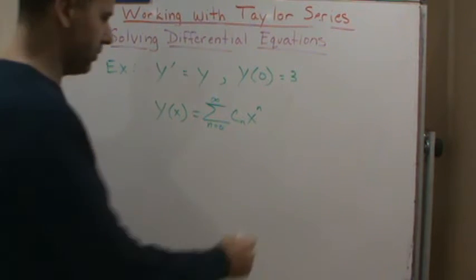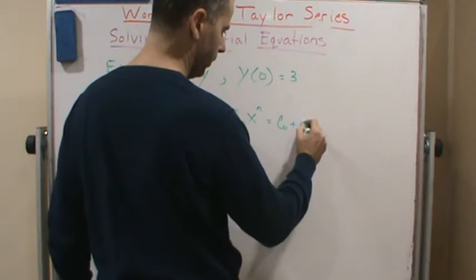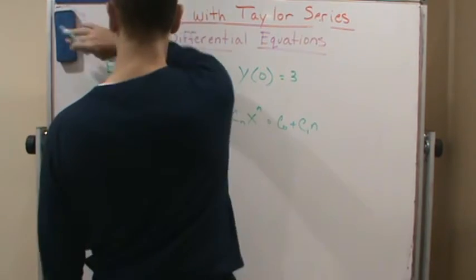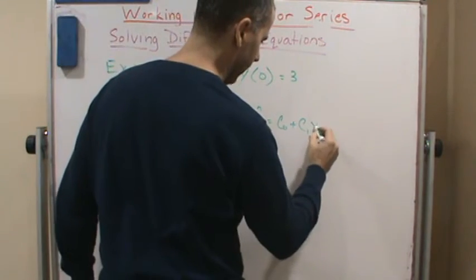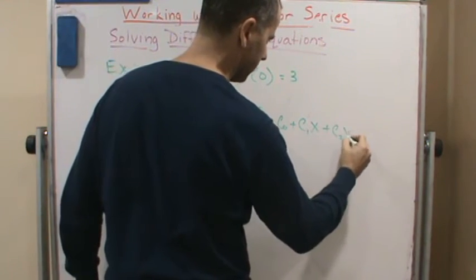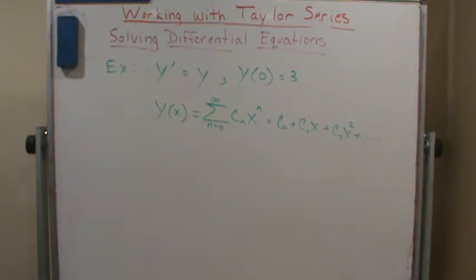Just as before, we've seen this plenty of times, so it's going to be c0 plus c1 x plus c2 x squared, and so on. So the typical power series that we're familiar with.